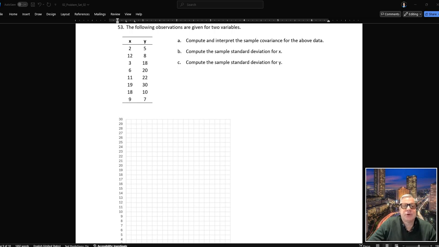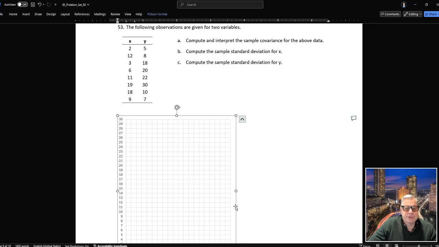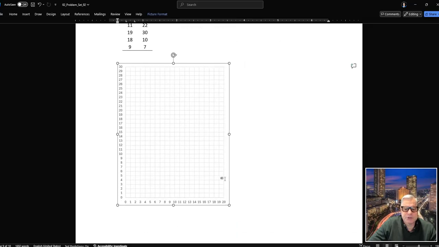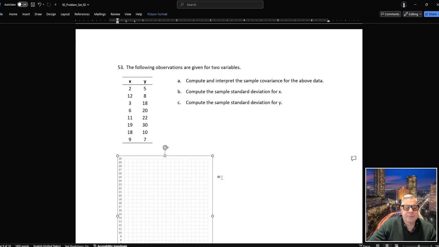Okay, let's turn next to 53, and so here we need to calculate the covariance for the above data, and we have a scatter plot. Maybe I can make it a little bit smaller so it fits on the screen.